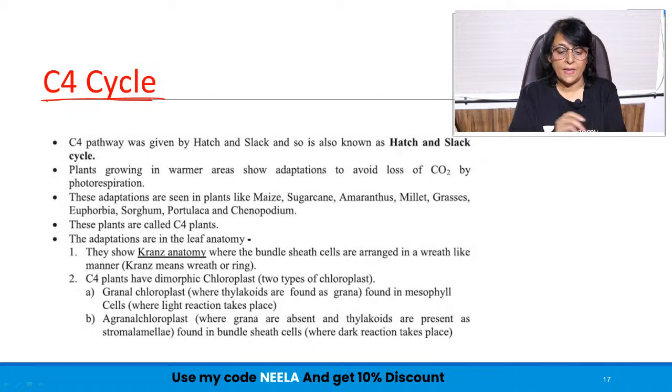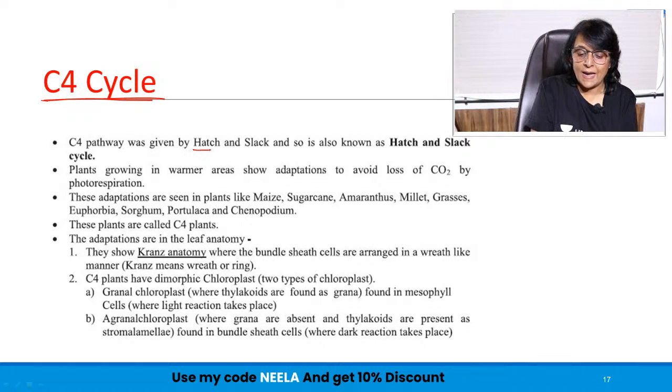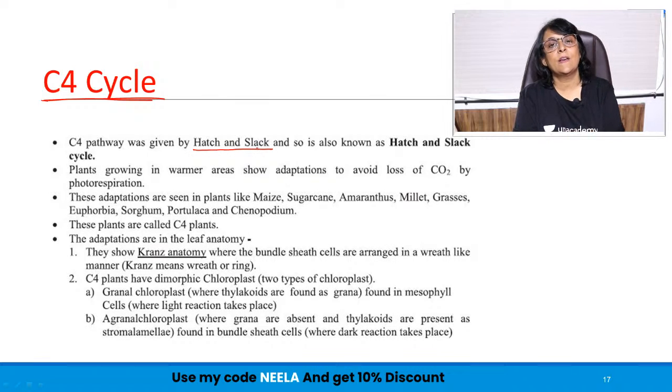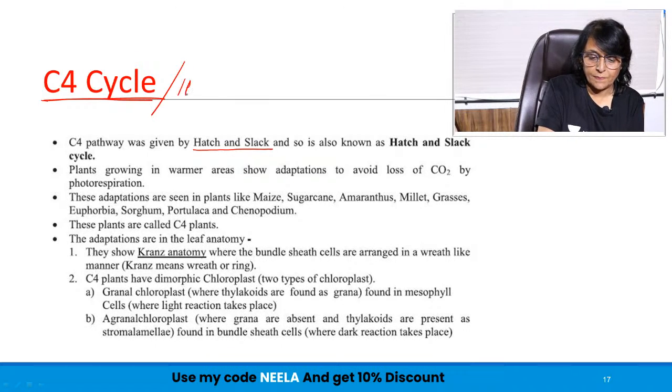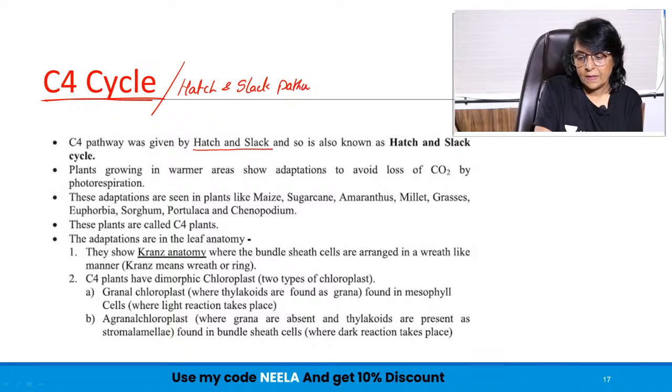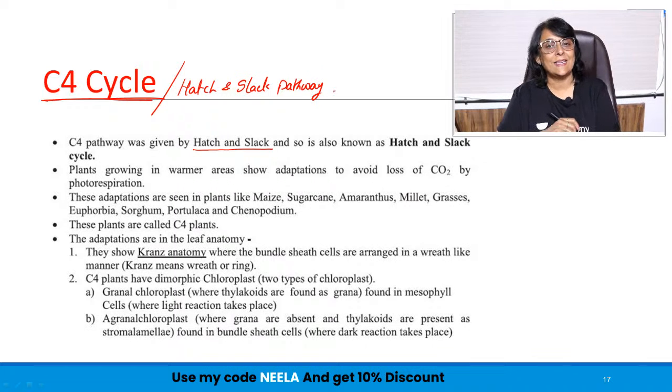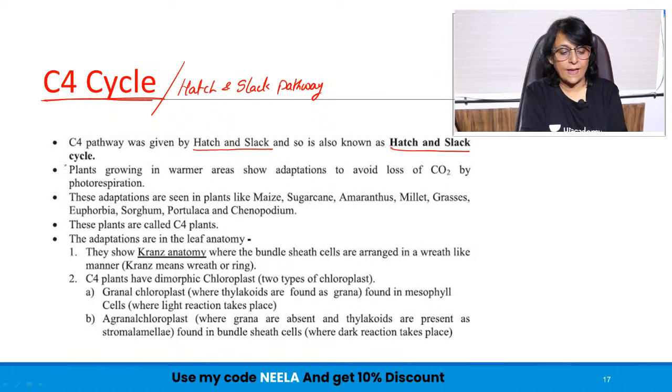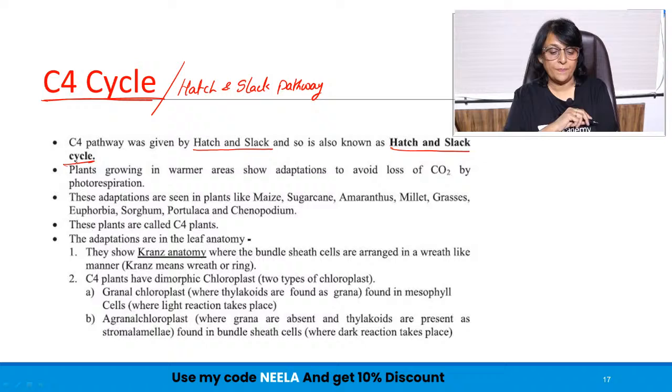It was given by Hatch and Slack, and that is why it is also known as Hatch and Slack's pathway, named after the scientists, okay? Hatch and Slack cycle or pathway.